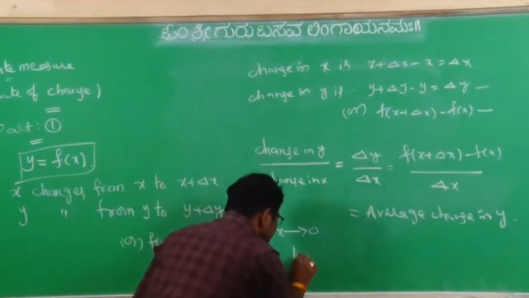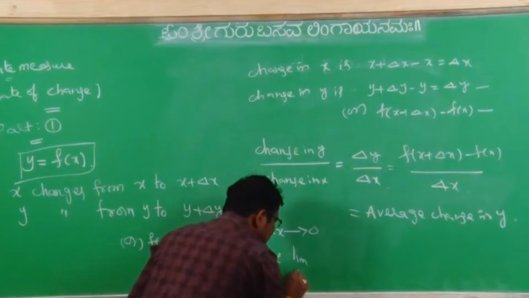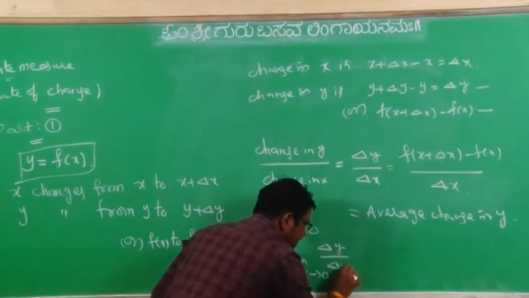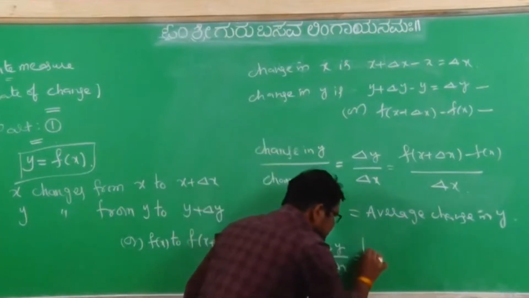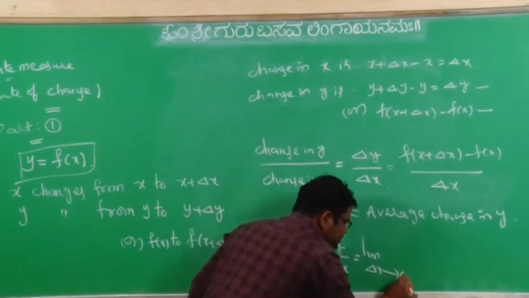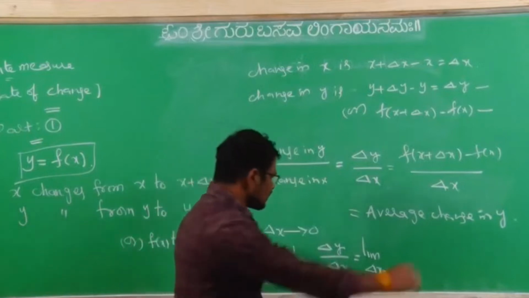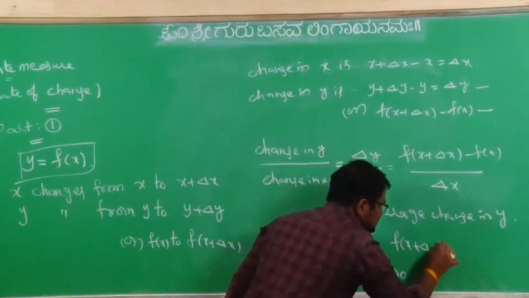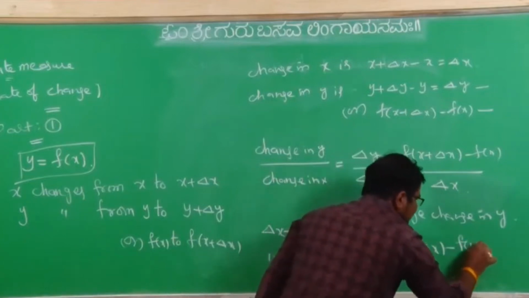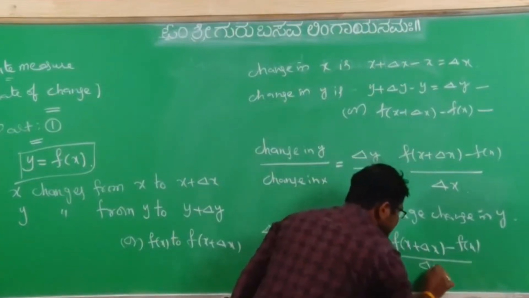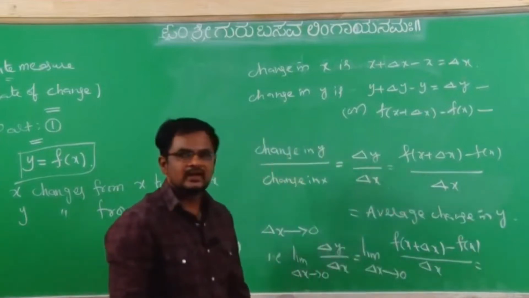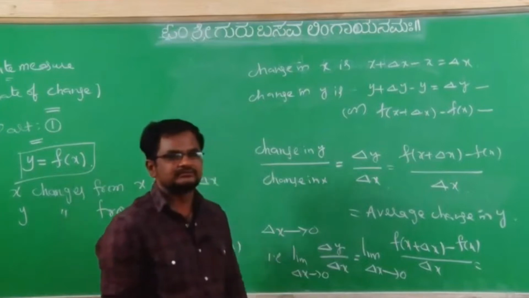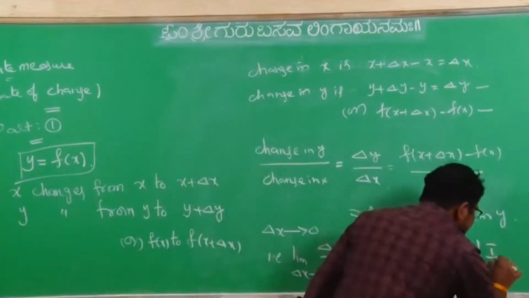then limit delta x tends to 0, delta y by delta x, or limit delta x tends to 0, f of x plus delta x minus f of x divided by delta x is equal to, whenever applying the limit, delta x tends to 0, it becomes what?